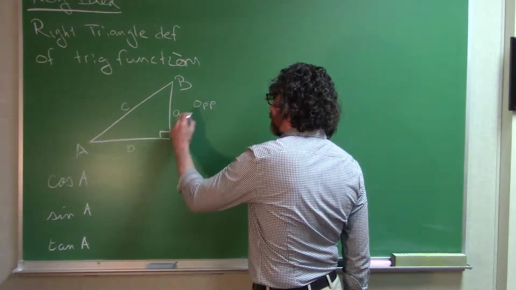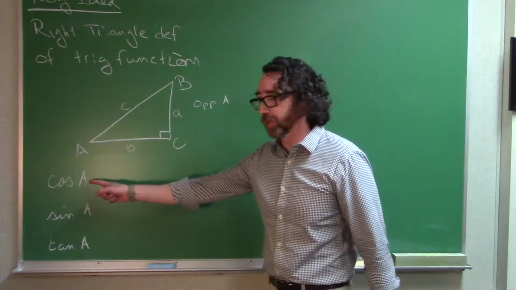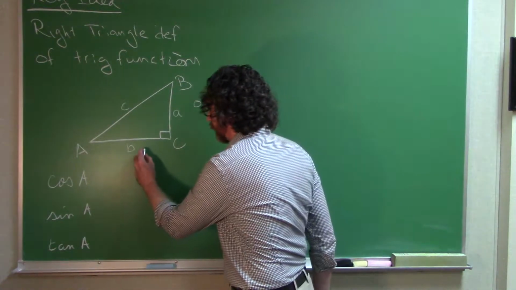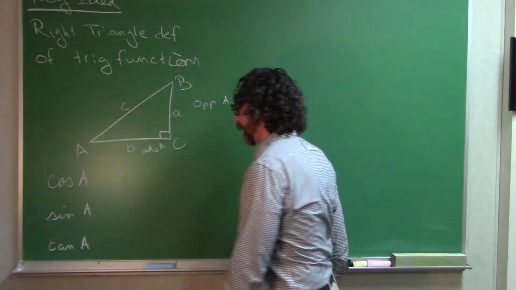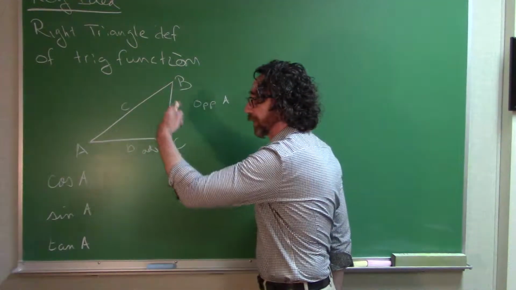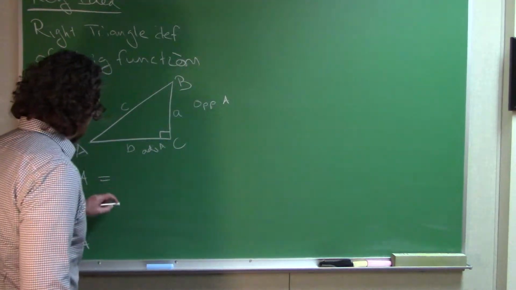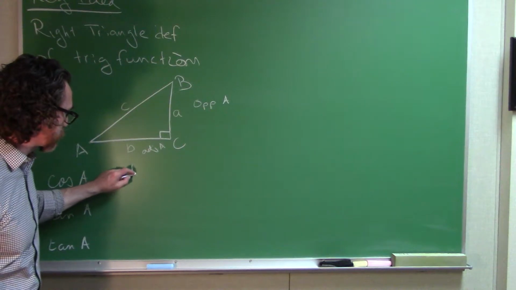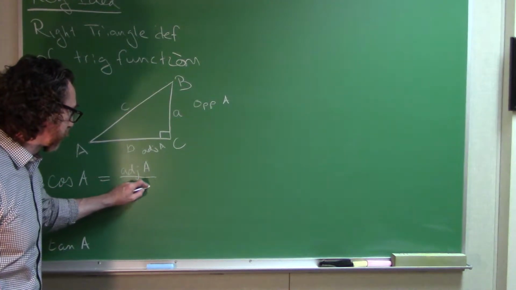This is the opposite side if we're talking about angle A. This is adjacent to angle A. And of course that's the hypotenuse. So if I'm talking about cosine of angle A, I want the side that is adjacent to angle A over the hypotenuse.